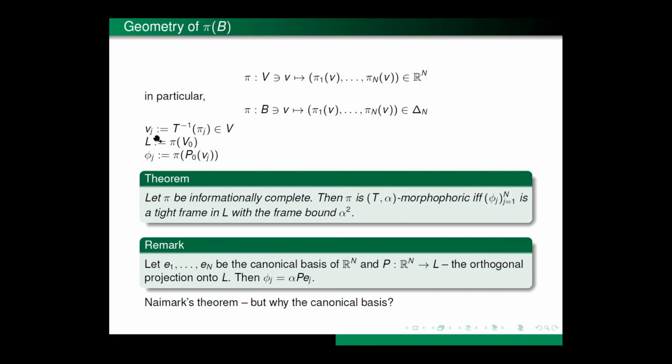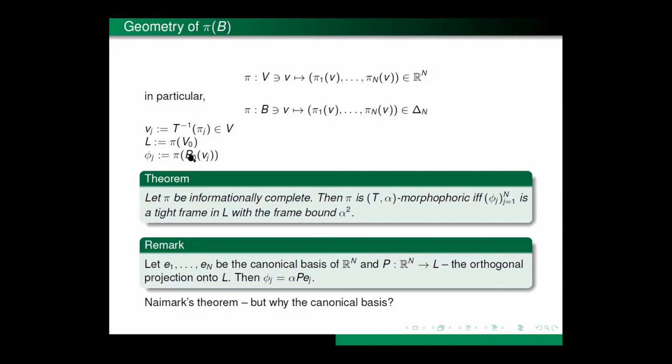We take Vj to be the vectors corresponding to the effects in the space V, so we map the effects pi j back to the space V, and we take phi j to be the projections of these vectors pi j transferred by the measurement pi.